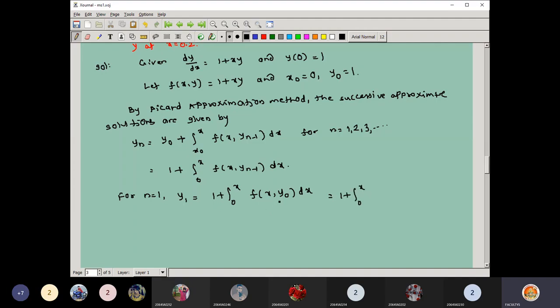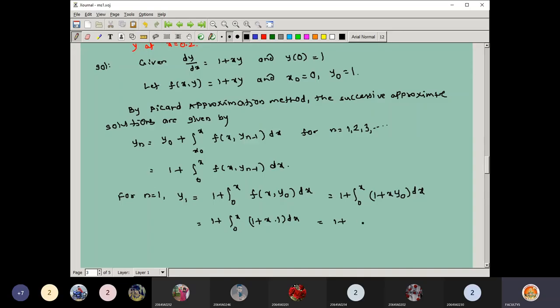What is your f of x comma y? 1 plus x you keep as it is, y is nothing but y naught, of dx. So it is 1 plus integral 0 to x, 1 plus x into your y naught value 1, of dx.